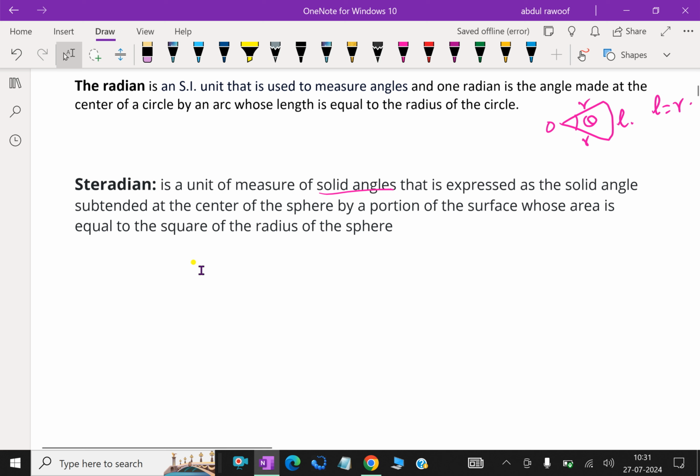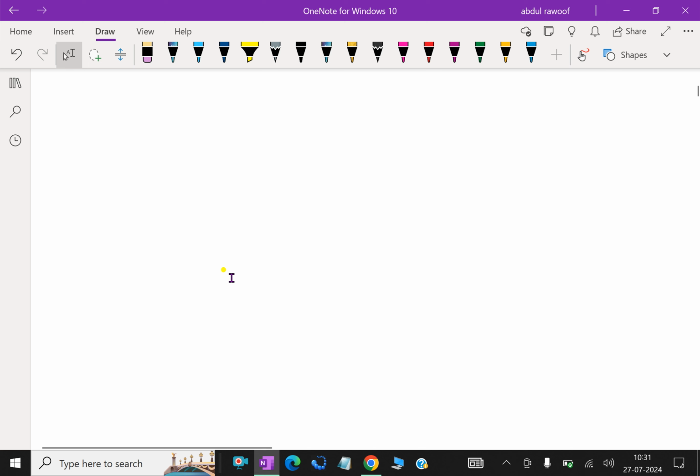Now, further we'll discuss some more units, here length units. 1 micron, you can say 1 mu, is equal to 10 power minus 6 meter. This is a length unit.